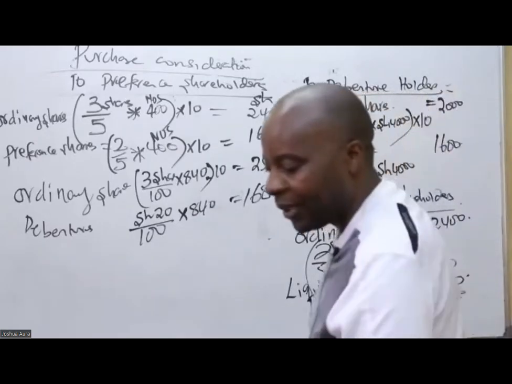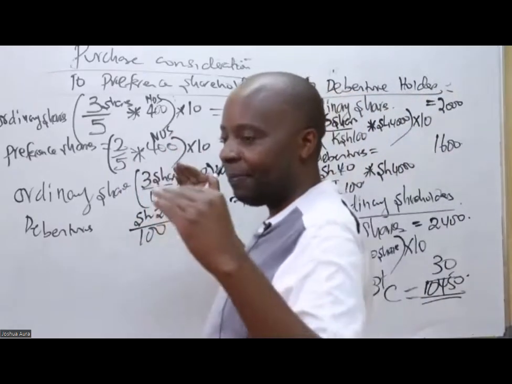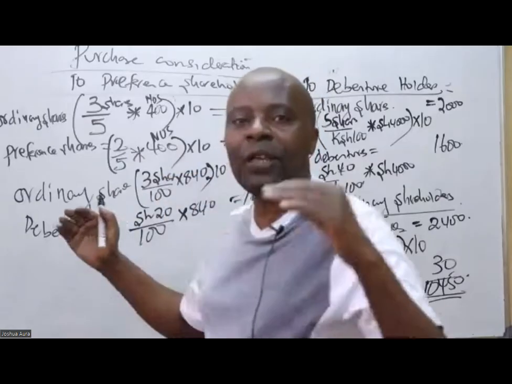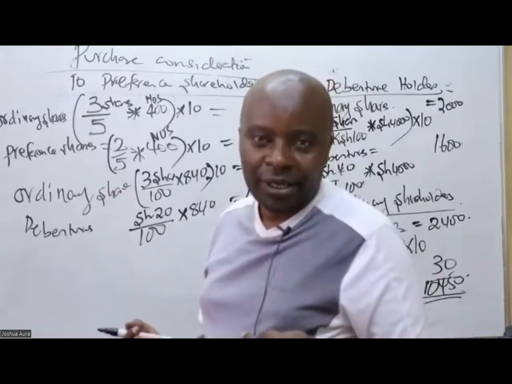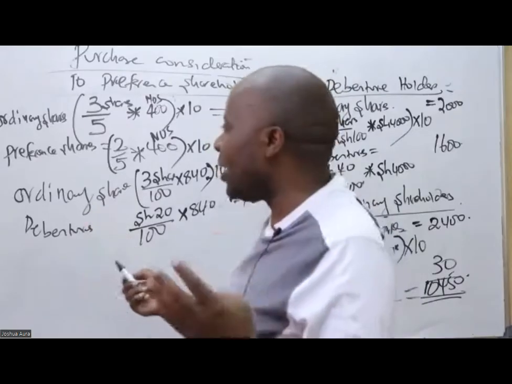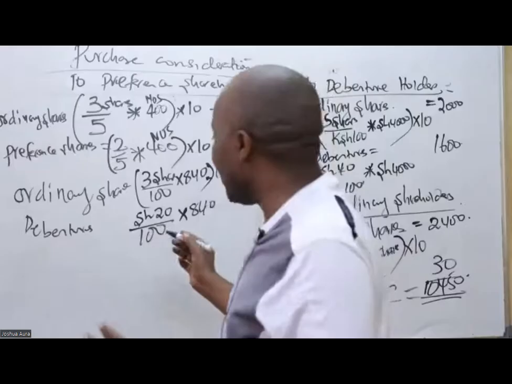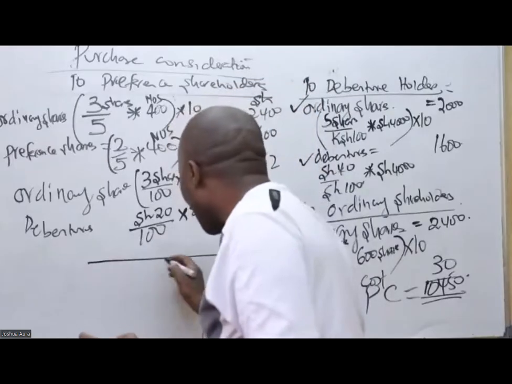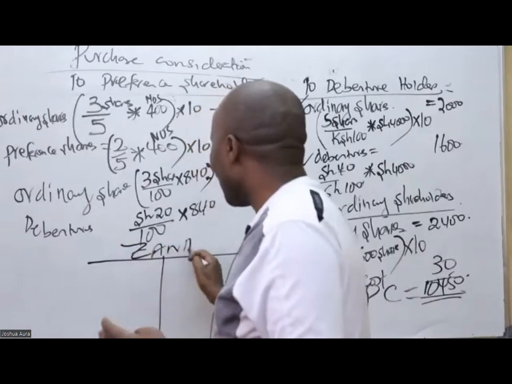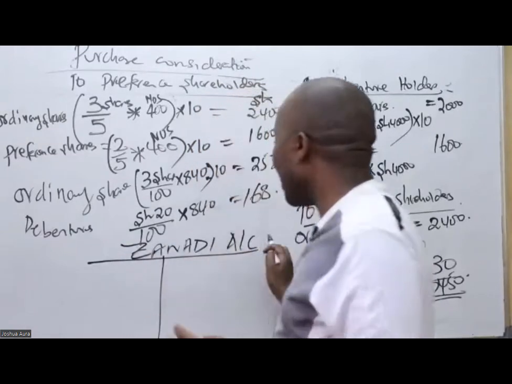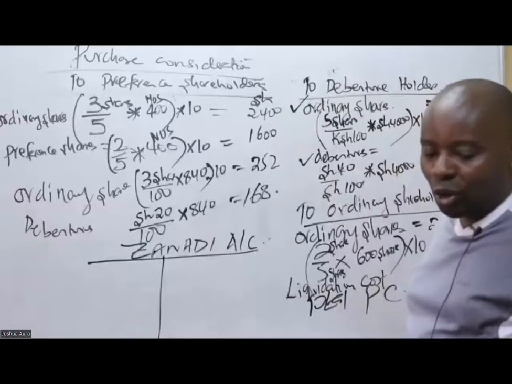Now, from there, ladies and gentlemen, that is step number 1. Step number 2, give us the purchaser's account. The purchasing company is called Zawadi Company. So go ahead and give us an account here called Zawadi. My whiteboard is very small. So the Zawadi account, what do we have?